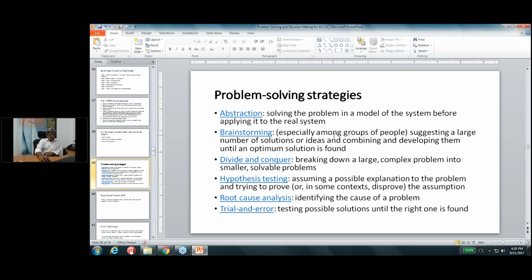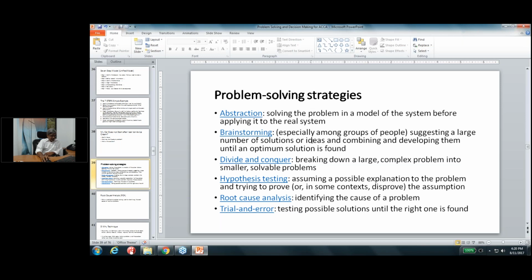And today, at the end of the session, in the last half an hour, I will try to give you a demo where we build a very small model. The other strategy is brainstorming.